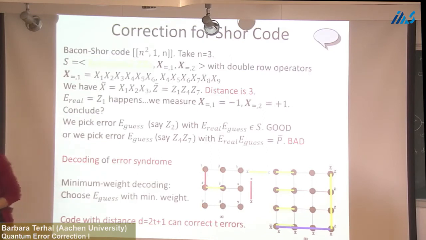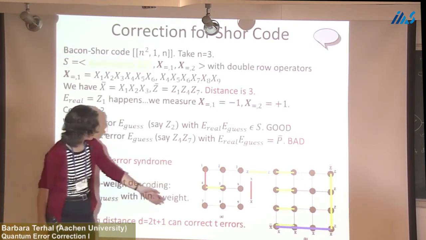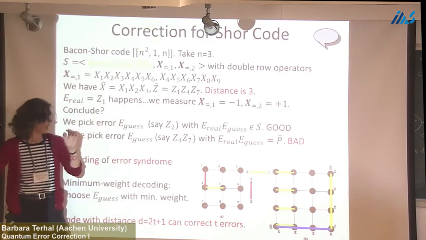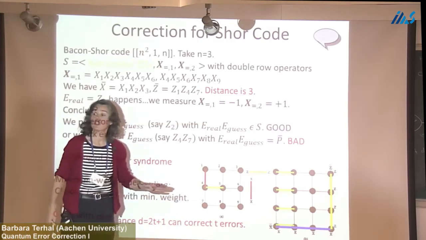Okay, so what about minimum weight decoding? Well, it's very simple. So I want to show this statement: the code, with that distance, can correct t errors. So we imagine that only errors happen that have weight t or less.